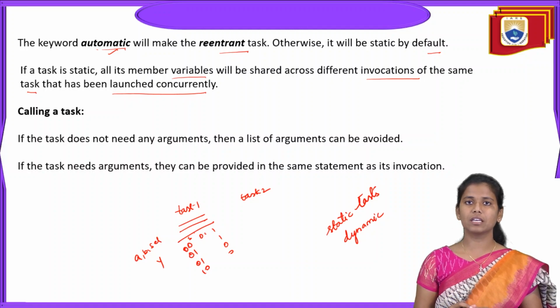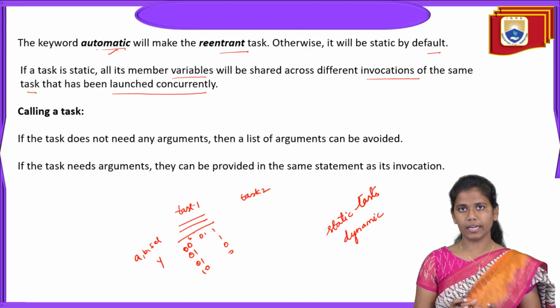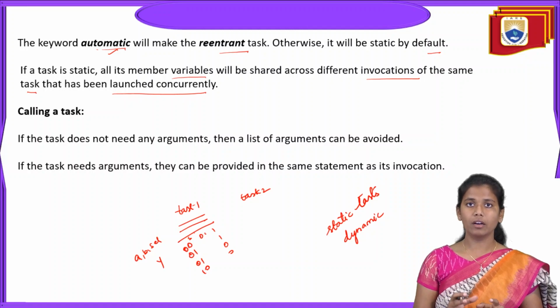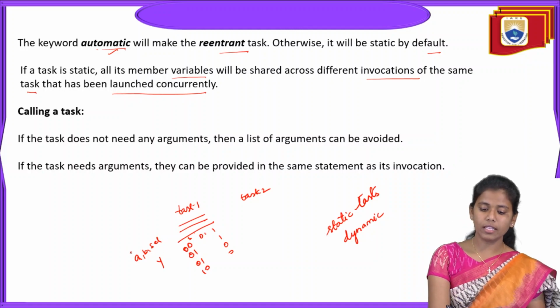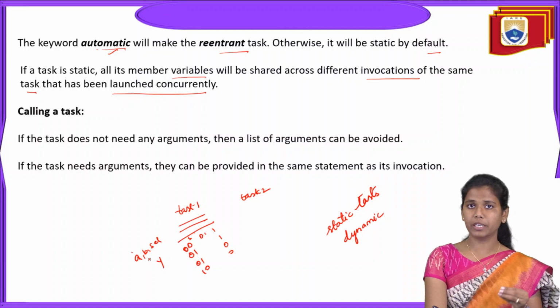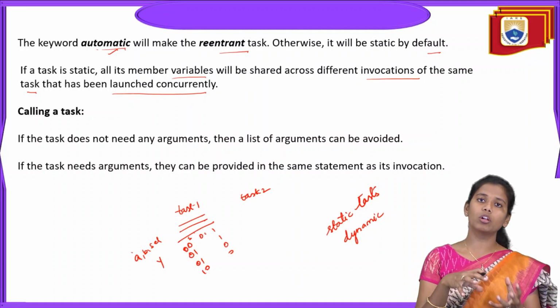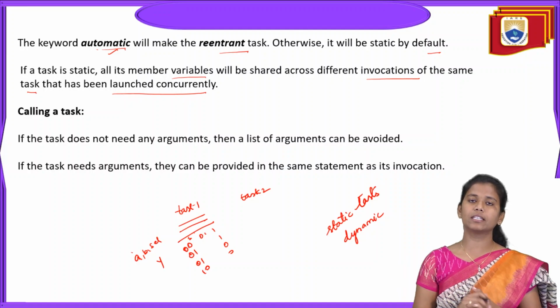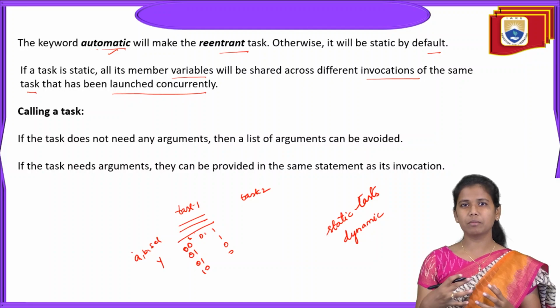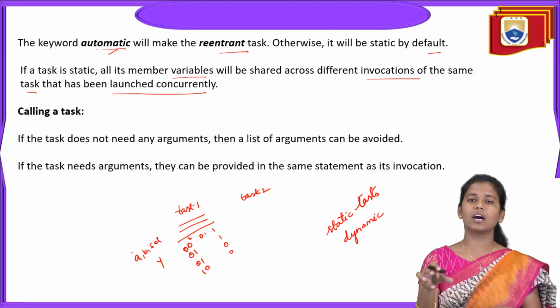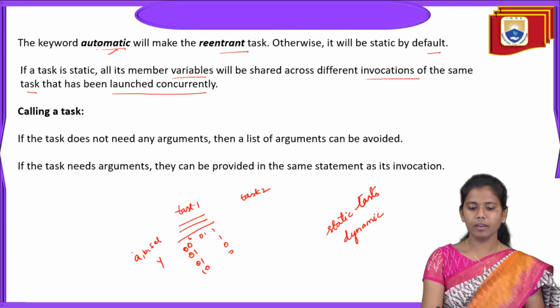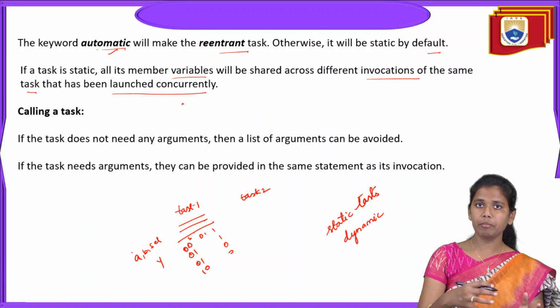If your task is static, then the variables or parameters pertaining to the input and output will be shared among all the different invocations of the task itself. That means we can see some chaos between the different tasks, since they can be launched concurrently.